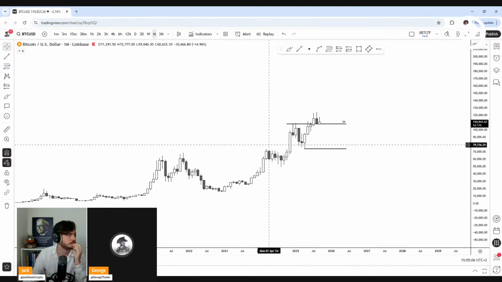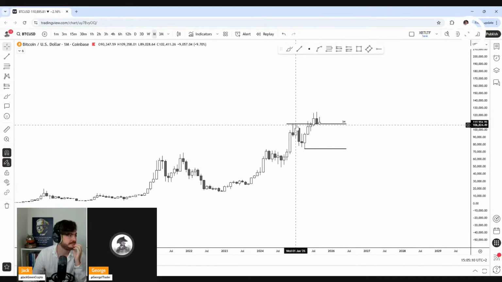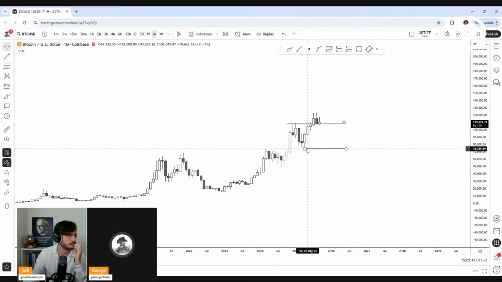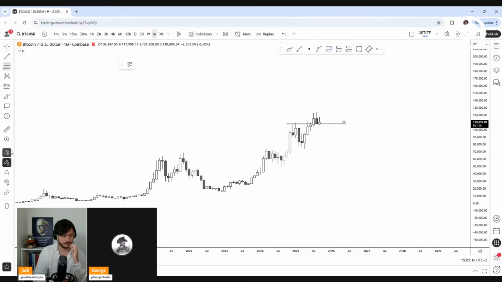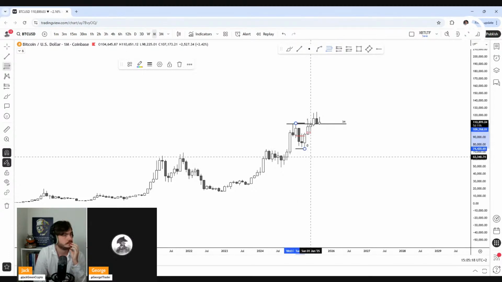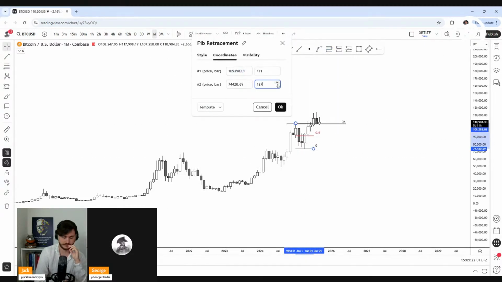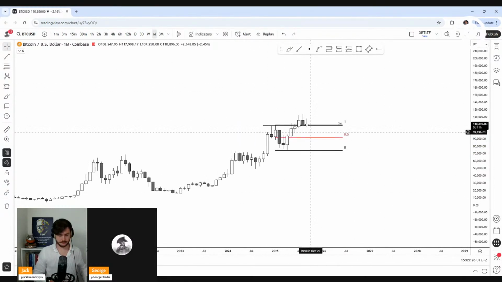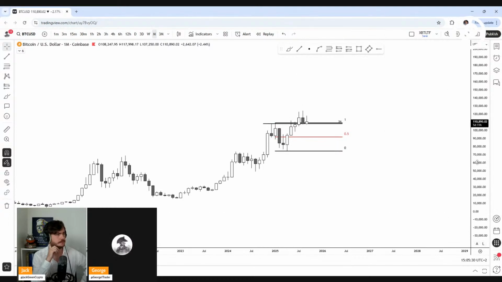We rallied up, made a high, higher low, broke out, made a high, right, made this low. That's your range set. This is that level, of course, but I'm going to mark it out with a range like this. Boom.